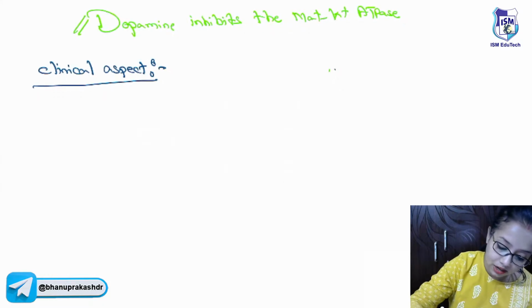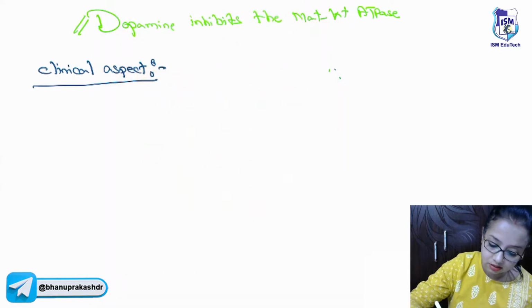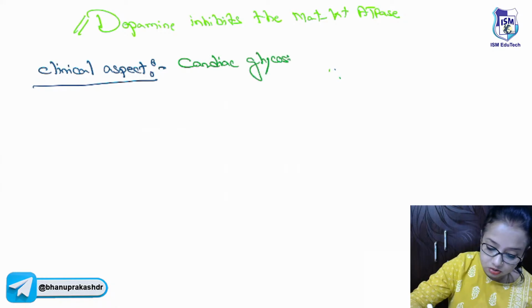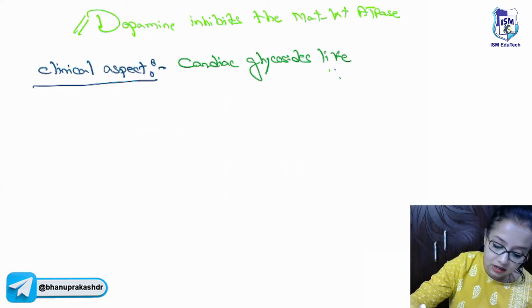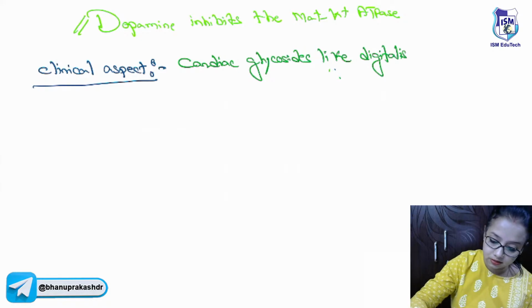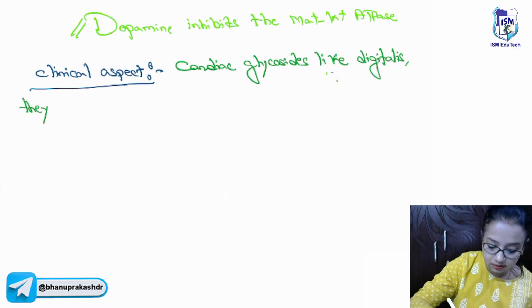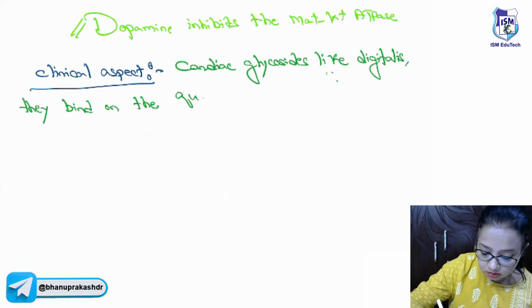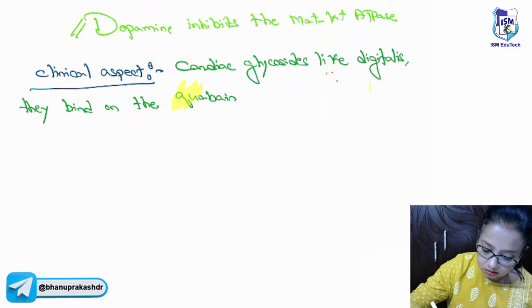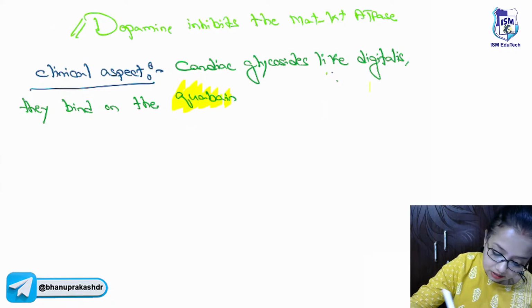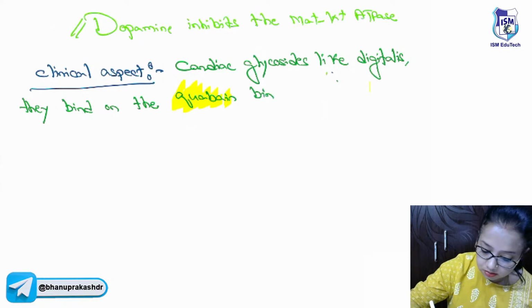So, cardiac glycosides like digitalis, okay, they bind on the ouabain binding site.